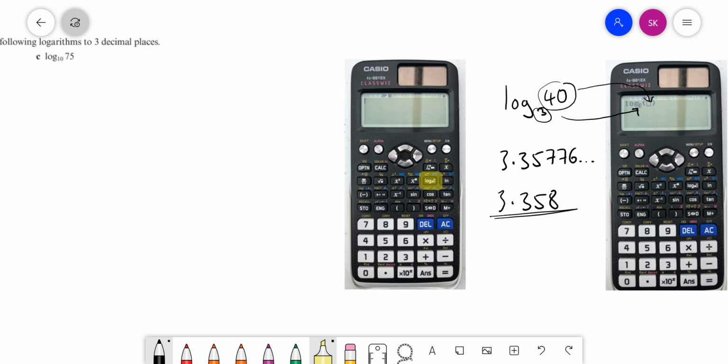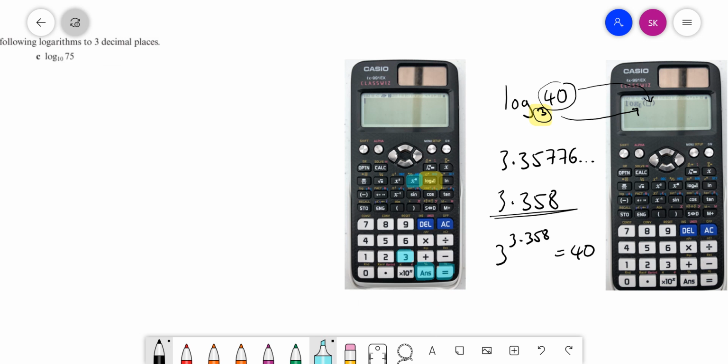What that means is 3, the base, to the power of 3.358 gives us 40. And you could check that if you typed into a calculator 3 to the power of answer, and when you press equals, it will equal 40.